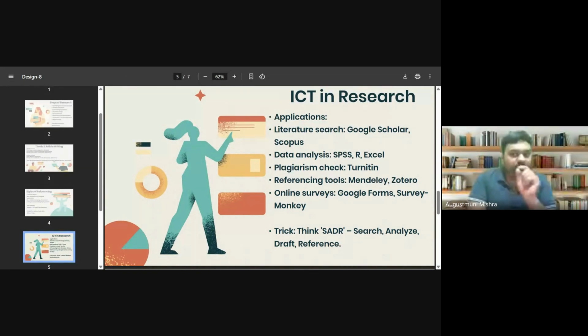So Mendeley, Zotero, and all these are referencing tools. You can use more tools, because right now lots of AI tools have come into the market, but these are the well-known tools because many people use them. For online surveys, there are Google Forms and SurveyMonkey, which are well-known applications. So these are the uses of ICT in research work.